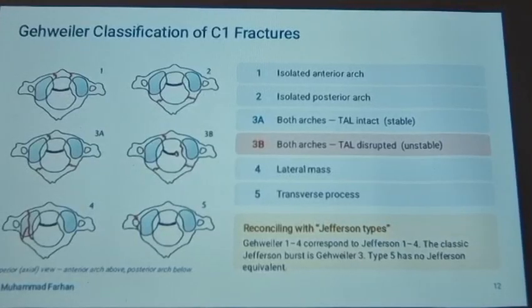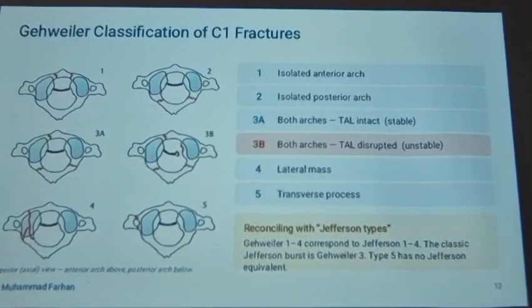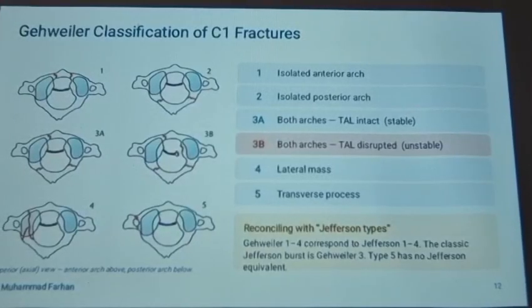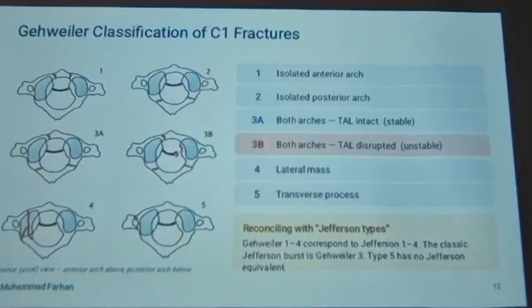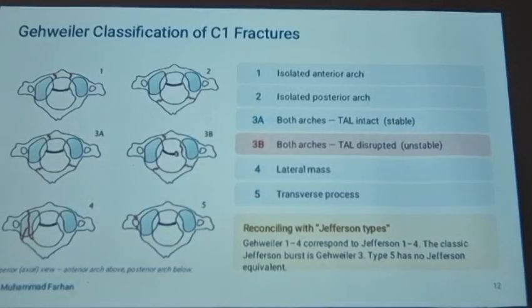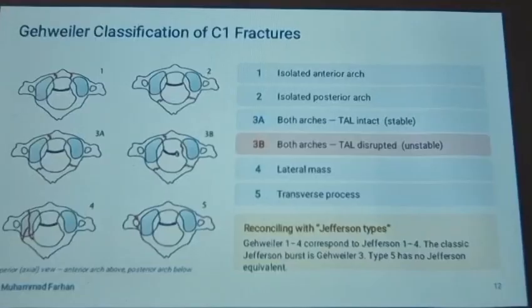So we can keep conservative or external immobilization in the lateral process fractures, and in the transverse process fracture usually surgery is not needed, but we should also go for CT angiography, because there may be injury of the vertebral artery, leading to vertebral artery thrombosis.